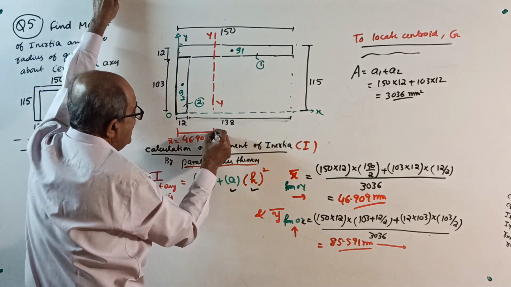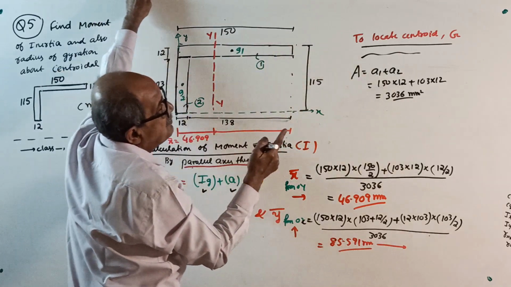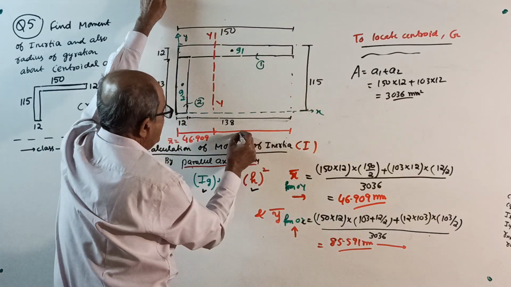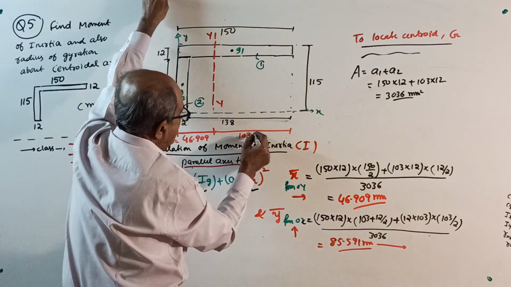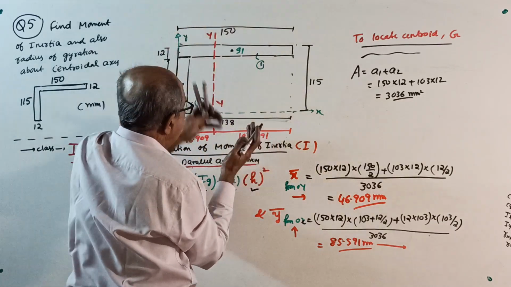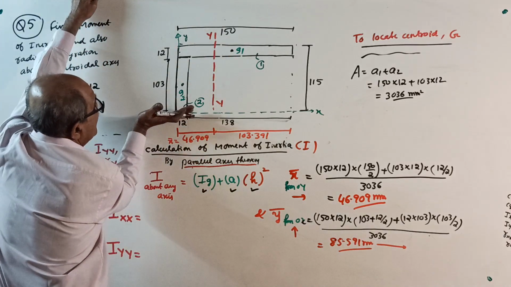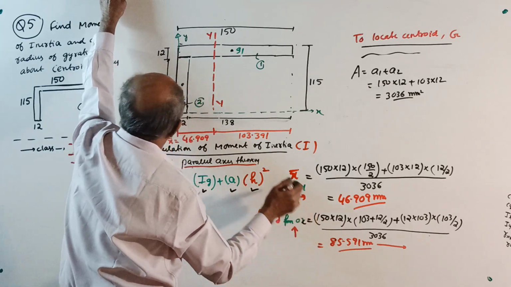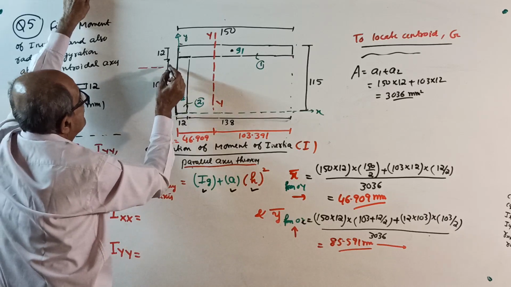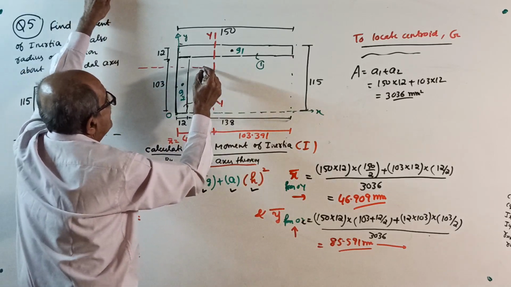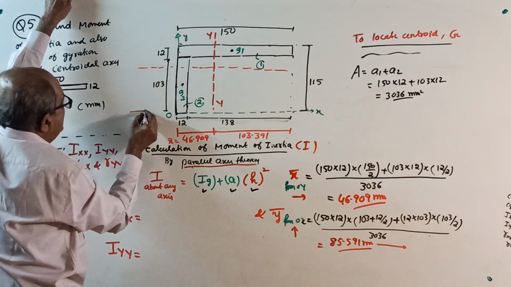Okay. Immediately calculate from this side. From total 150, subtract it. 103.391. I made all this ready earlier before the class to save time. And from here, y bar we got 85.591. This is 103, somewhere here.